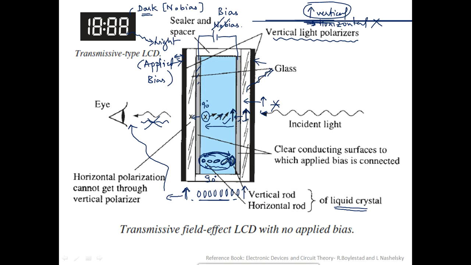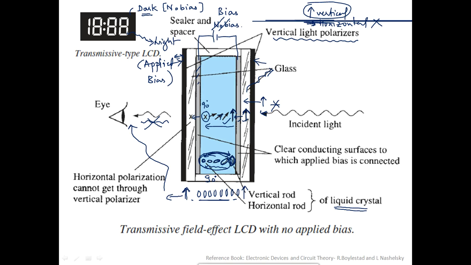Please understand, the incident light without any application of bias gets shifted by 90 degrees and becomes a horizontal component, and the horizontal component gets blocked at the vertical light polarizer, due to which no light comes out. However, whenever external bias is applied, the molecules orient themselves, align themselves parallelly, so that the vertical component is not at all blocked.